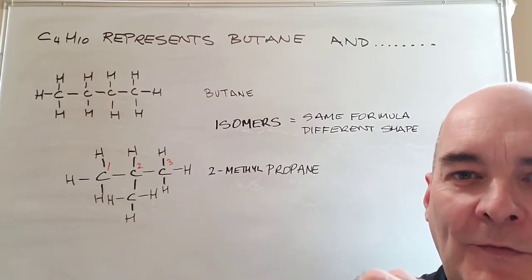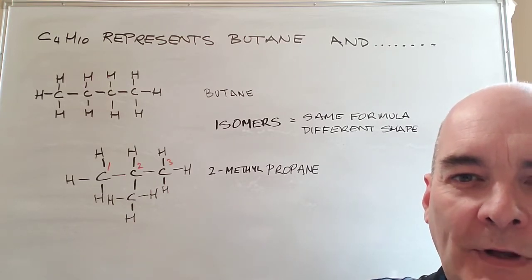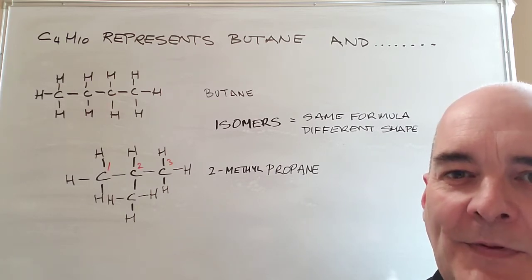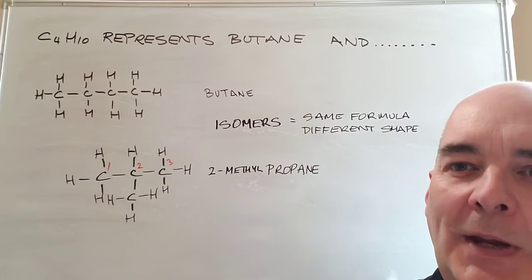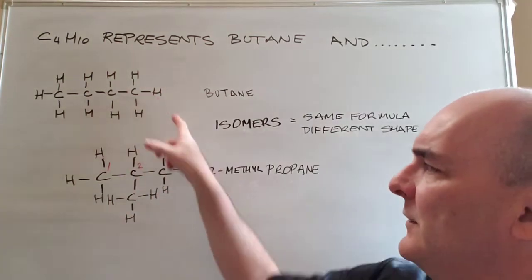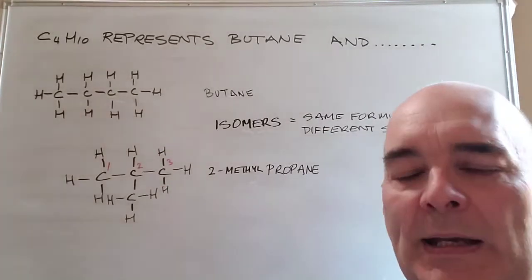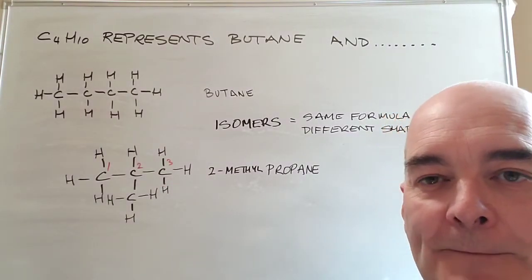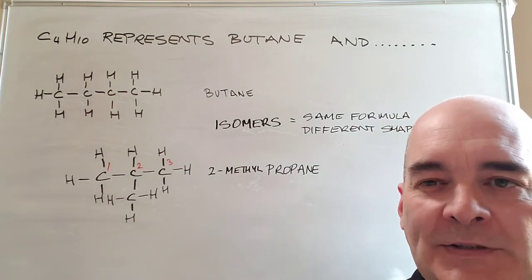You're going to have a receptor that is a particular shape, and then you're going to have something fit inside that shape in order to send a signal. In biochemistry, these two might have different function. Same chemical formula, different shape. These are isomers.